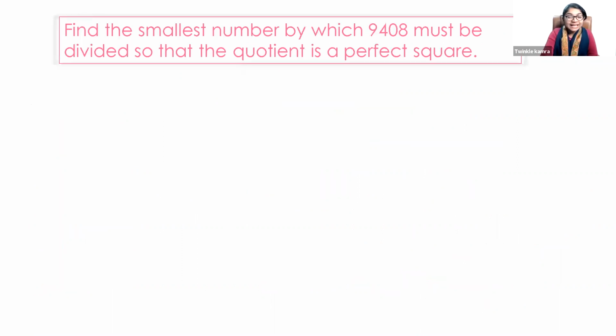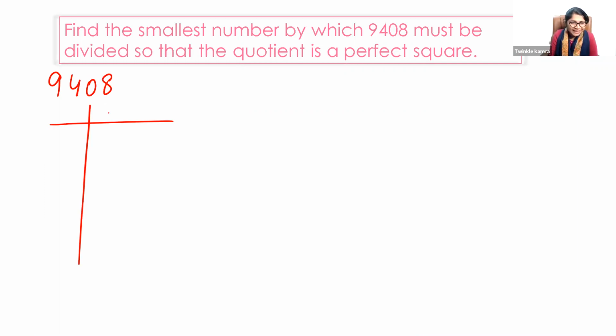Yes. Look, I have one more interesting example here. See, I have 9408, right? Now let's see, today the pen is a bit slow. It is 9408. Yes, how do you do this? It is even, so let's keep dividing by 2. 4704.